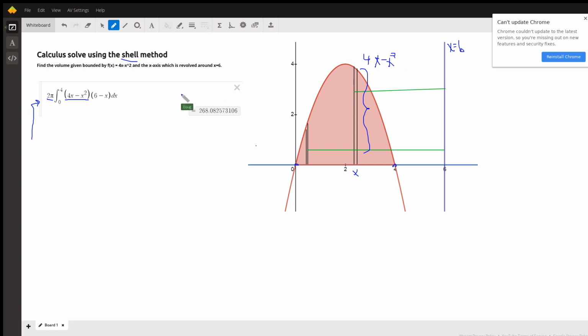And then we want to multiply that by the average radius. That means the distance from the axis of revolution to the center of a typical shell, where this x coordinate represents the center of the shell. So to get this distance right here, let's do it for this rectangle right here.